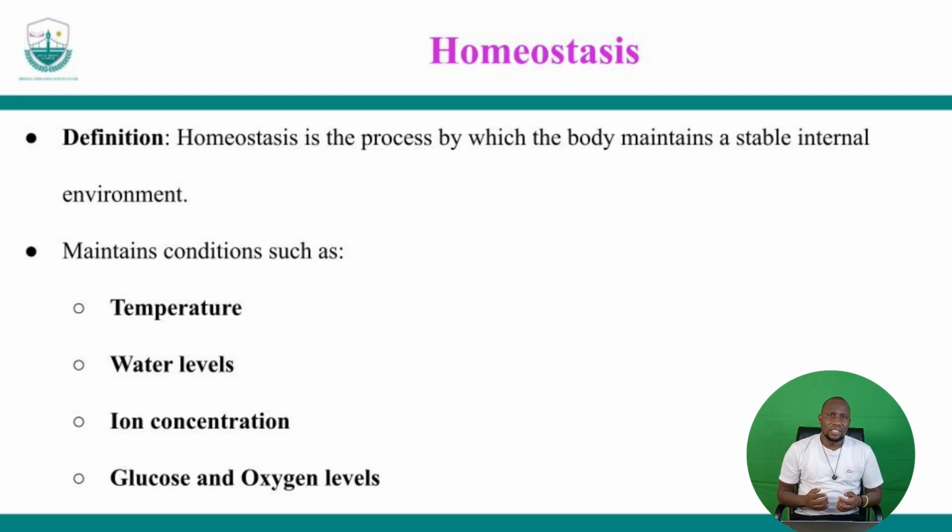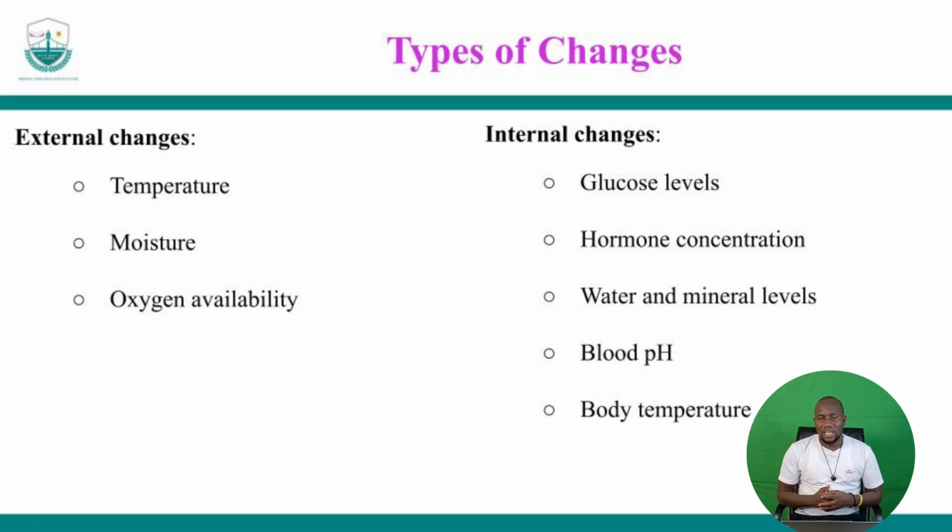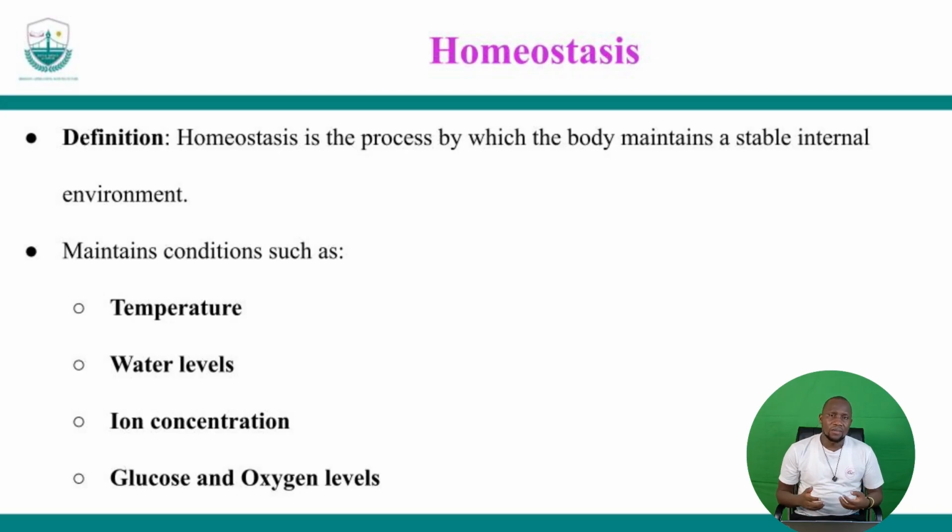Changes in temperature, changes to do with the concentration of, let us say, hormones, of ions, or even nutrients. But also, you can have external changes, changes in temperature, changes in moisture, changes in levels of oxygen, and things like that. So the body is subjected to these changes, both external and internal.